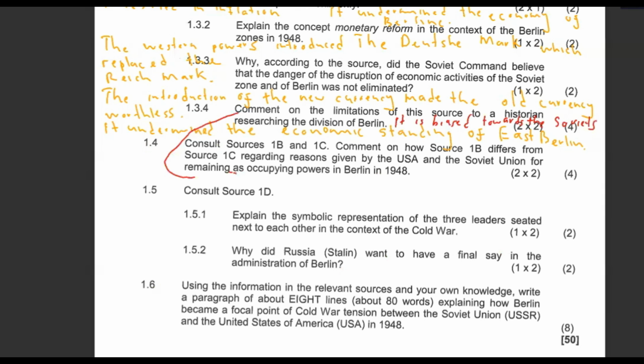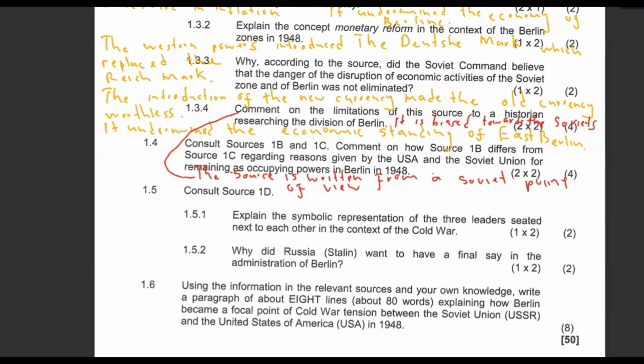Then in addition to that, you can say that the source is written from a Soviet point of view.